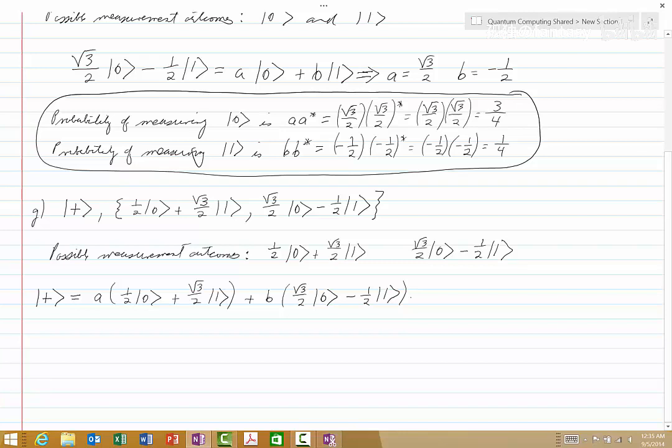And then if we can find A and B, which in fact will be easy, then the probability of measuring this outcome is A times A conjugate, and the probability of measuring this outcome is B times B conjugate.